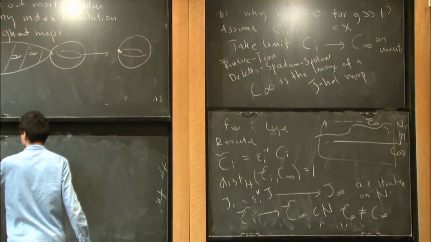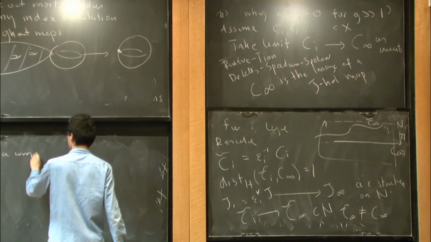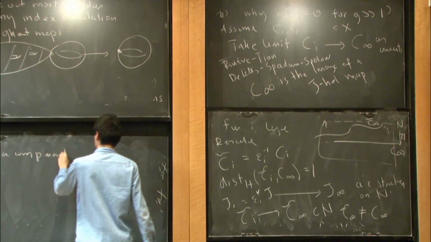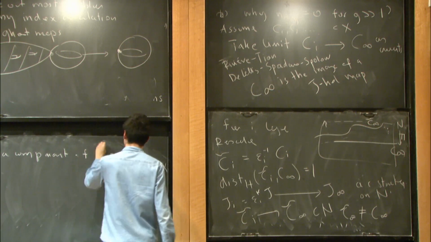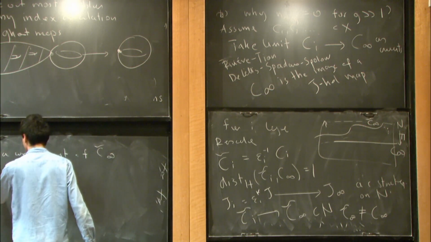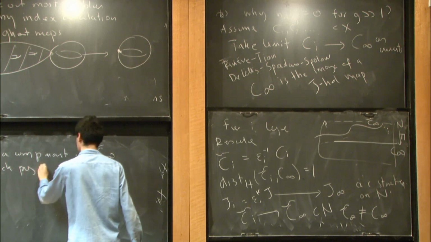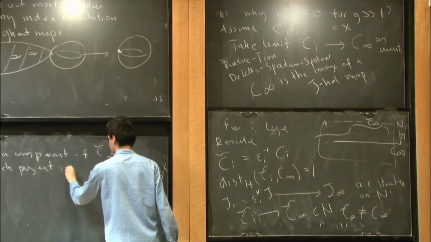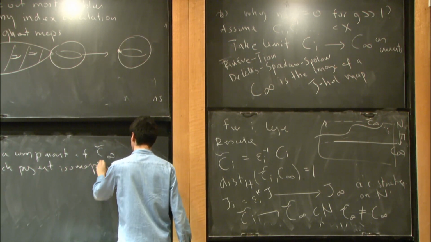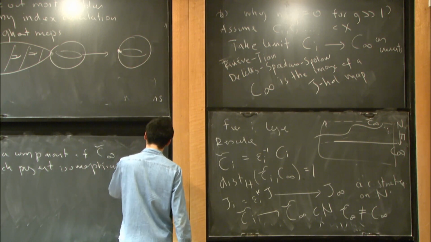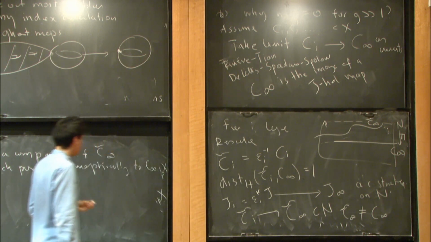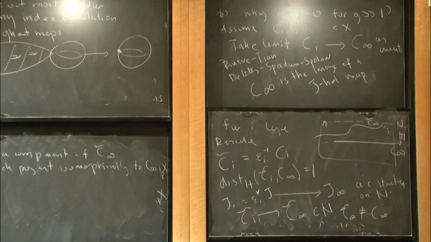So there's a component, there's essentially a topological argument, of C infinity twiddle which projects biholomorphically, isomorphically, to C infinity. And that is essentially a contradiction. Why?